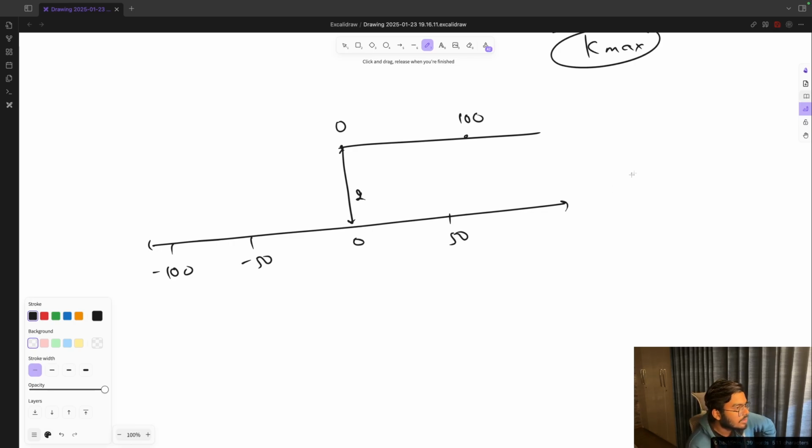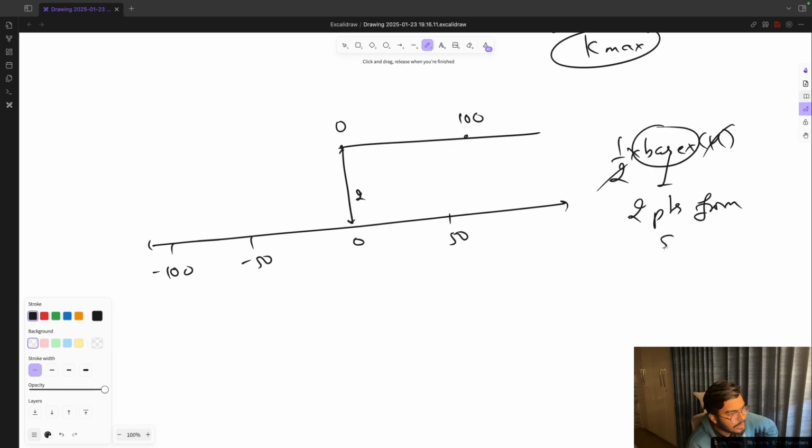Okay. So obviously, since the area of a triangle is half into base into height, and the height will always be 2, you can just cancel it out. And this base is simply, you can choose 2 points from the same line. So I can choose 2 points from up also, I can choose 2 points from down also, right?